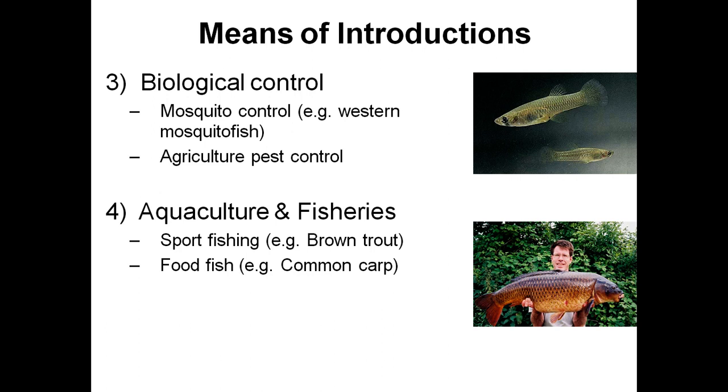And sometimes we introduce things to support sport fishing and food fish like common carp and brown trout. But once they have high population densities, they can create issues for native species and native ecosystems.